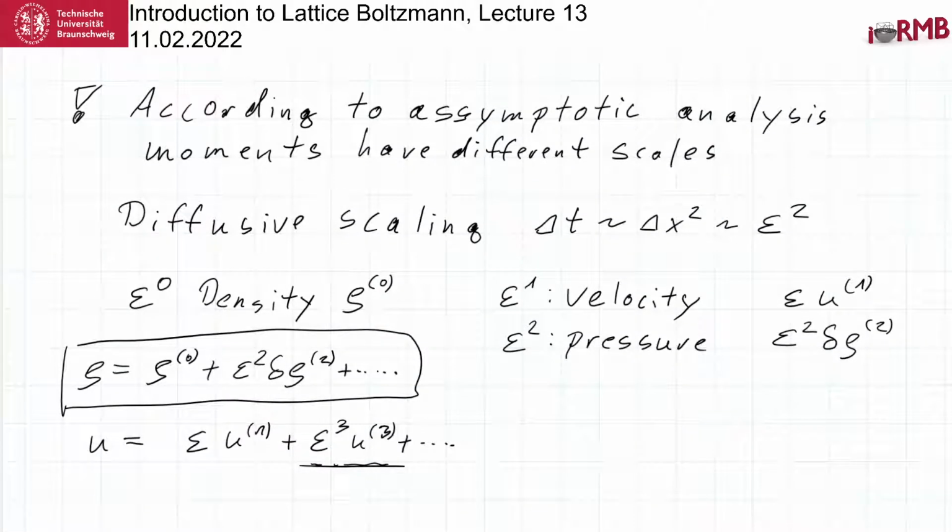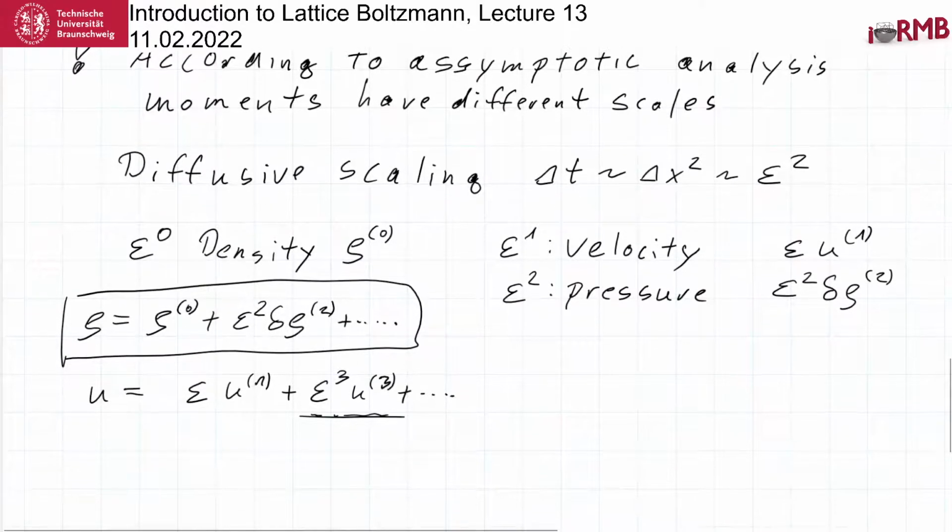Okay, but these guys are really variables of our system. So we have the density, we have the velocity, and we have the pressure. And they come at different scales in diffusive scaling.